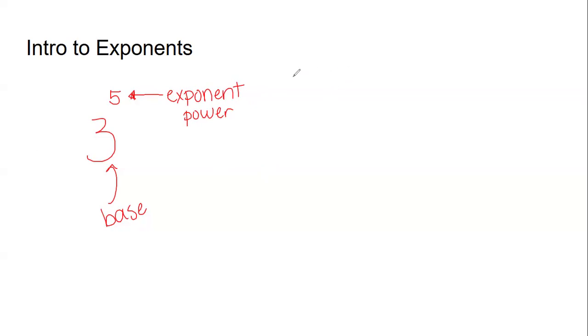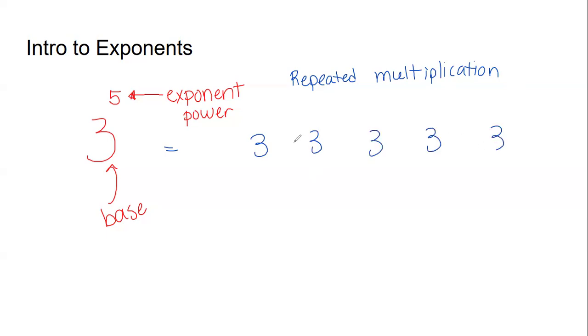What does this mean? Exponents represent repeated multiplication. On this example, 3 to the 5th power means to do 3 five times, multiplied with itself 5 times. So that's 3 five times.